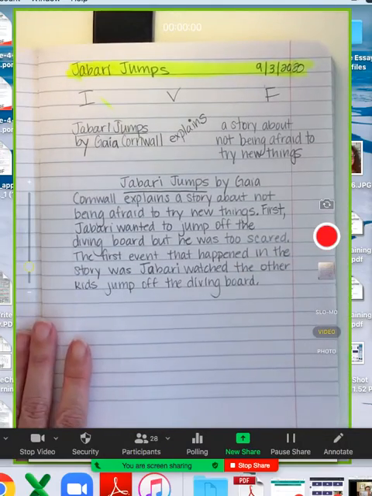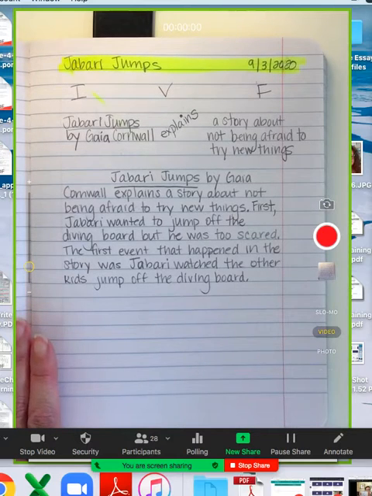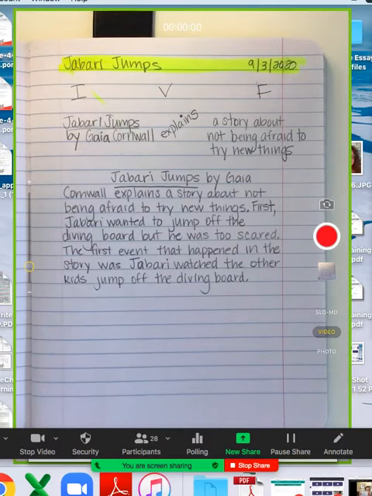Okay, I think I got exactly what Kaya said. The first event that happened in the story was Jabari watched the other kids jump off the diving board. Did I get it, Kaya? Yeah.